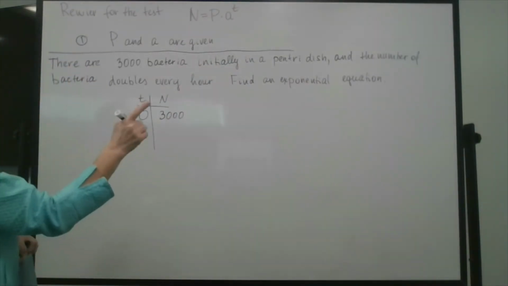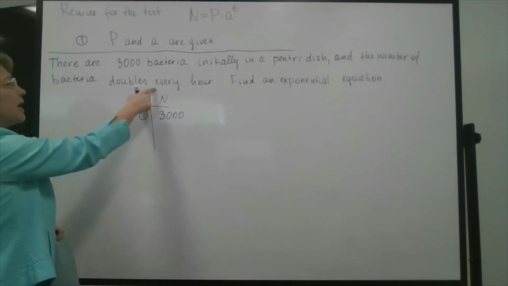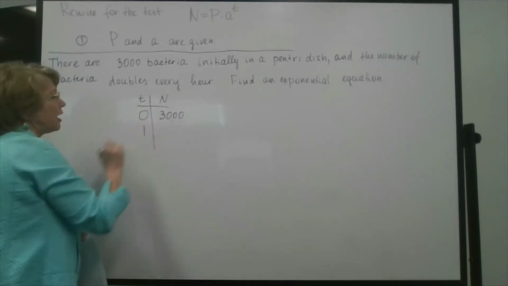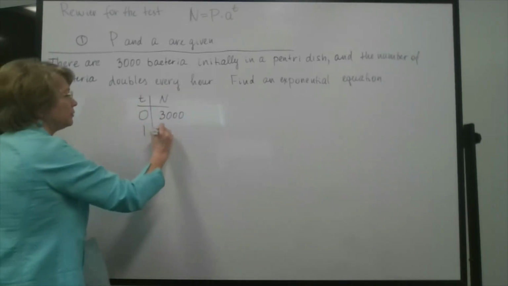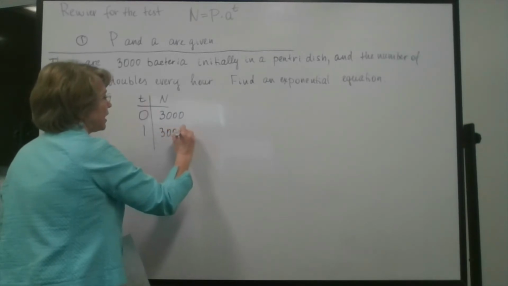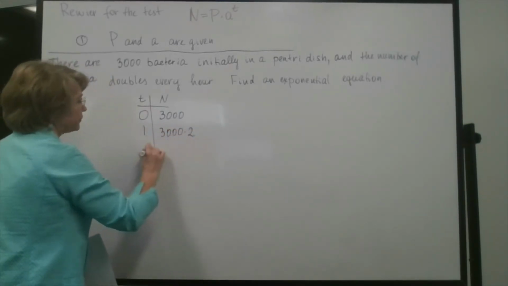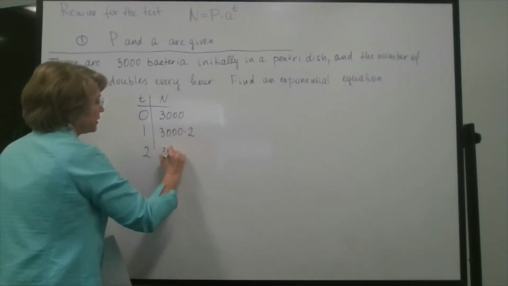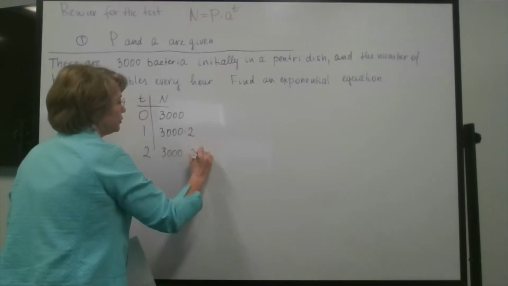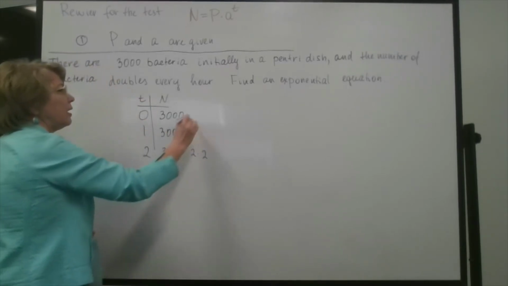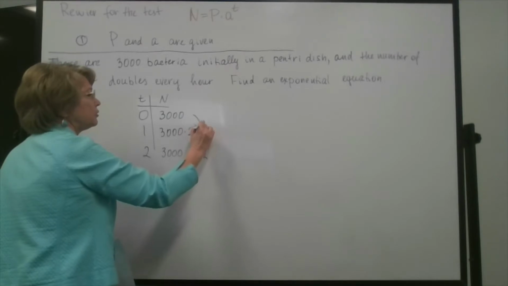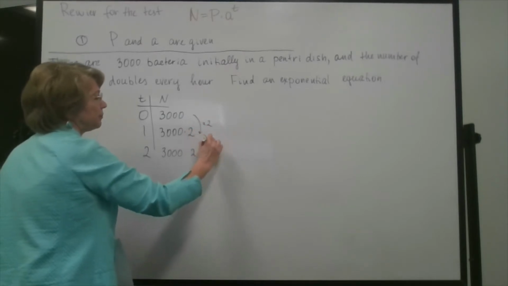Then the number of bacteria doubles every hour. So after 1 hour, it will be 3,000 times 2. After 2 hours, it will be 3,000 times 2 and times 2. And you see that on each step, we multiply by 2.